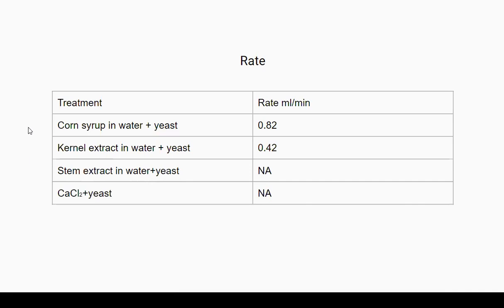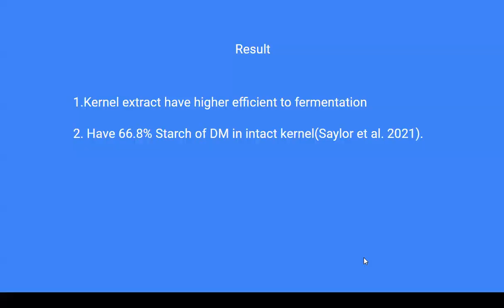kernel extract. For the second one, kernel extract, you can see it has 0.42 ml for each minute, so it is higher than the stem one. So we can get the result that kernel extract has higher fermentation efficiency than the stem.